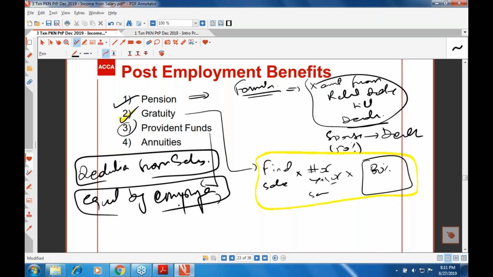Next, this amount is put into a separate fund. Generally speaking, the contribution which the employer gives from his side is a benefit given to the employee during the course of his employment. That's called the Provident Fund.